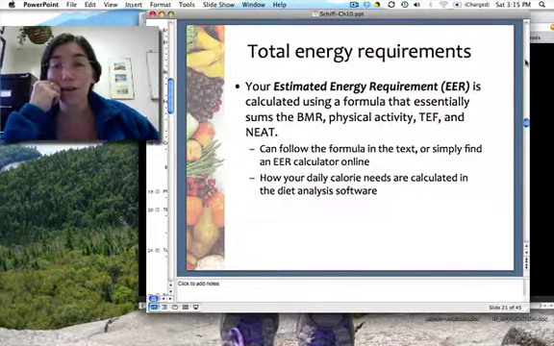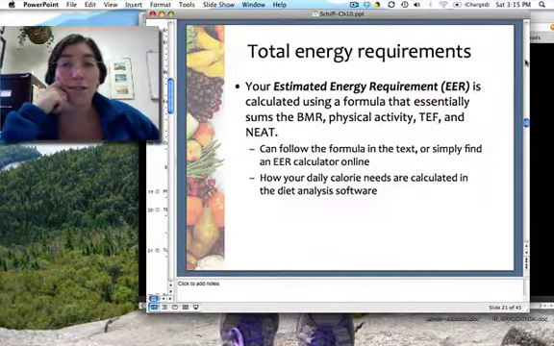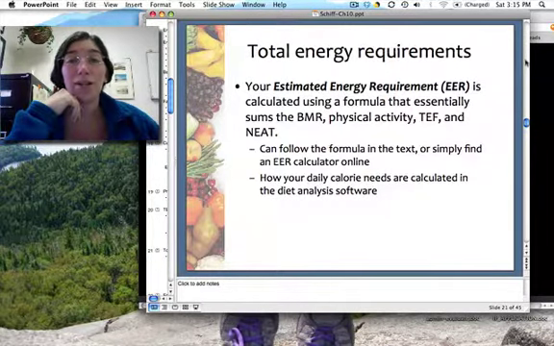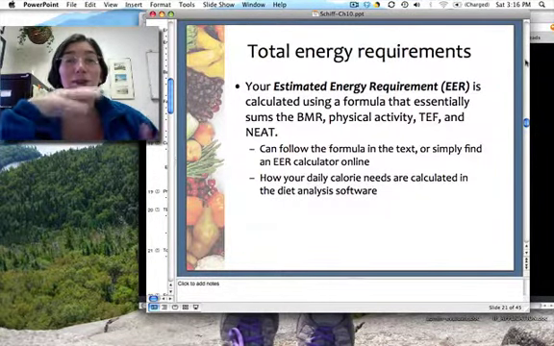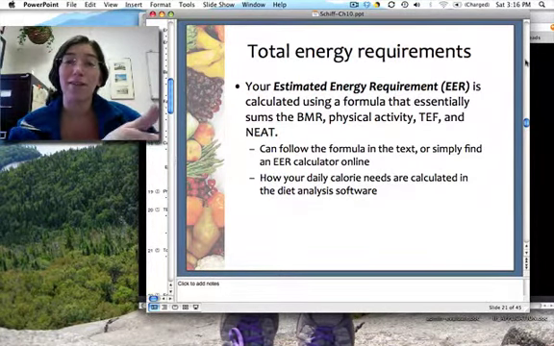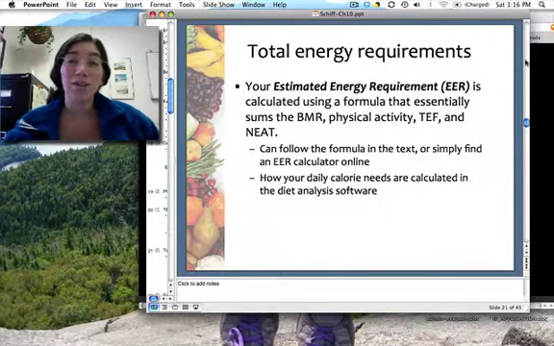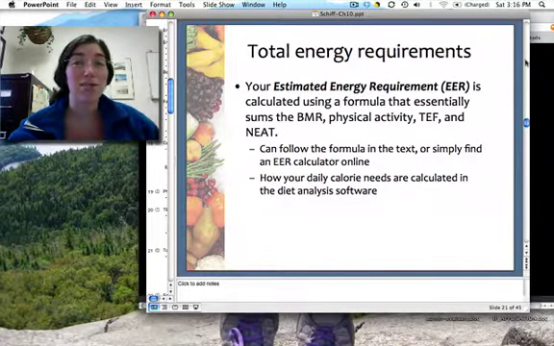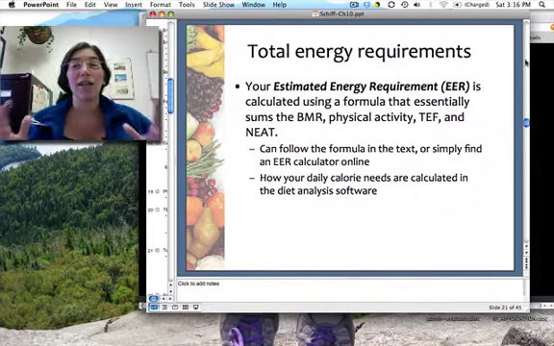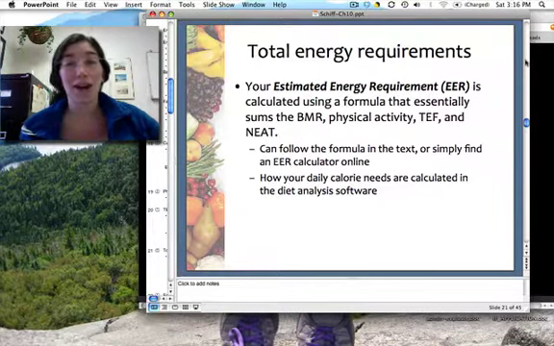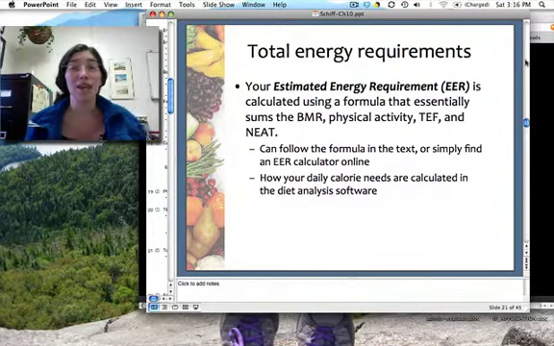Okay? So when your diet analysis software calculates it, or when you want to calculate it for yourself using the formula in the book, if you want to figure out how many calories you need per day, you need to figure out what your total energy output is per day. What is your BMR, which we figured out how to calculate a few slides ago, plus what are your usual physical activity needs, how much food do you eat, so how much TEF, thermic effect of food, do you have going on, etc. Totaling all of those different energy outputs tells you how many calories a day you need to maintain your weight.